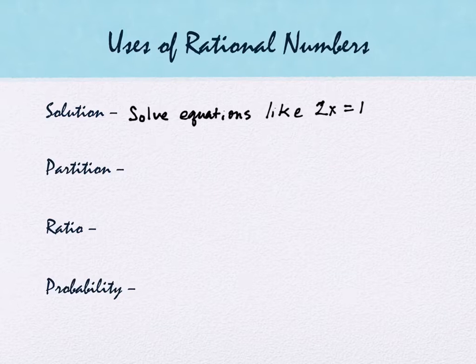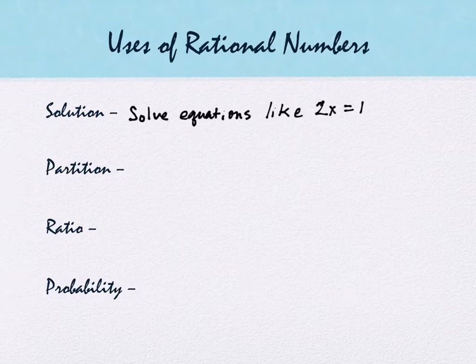So if 2x is equal to 1, then x would have to be 1/2. If we don't have rational number fractions like that, there's not a solution because there's not a whole number or an integer that will work. So it has to be a fraction. So we're able to solve things from that perspective.